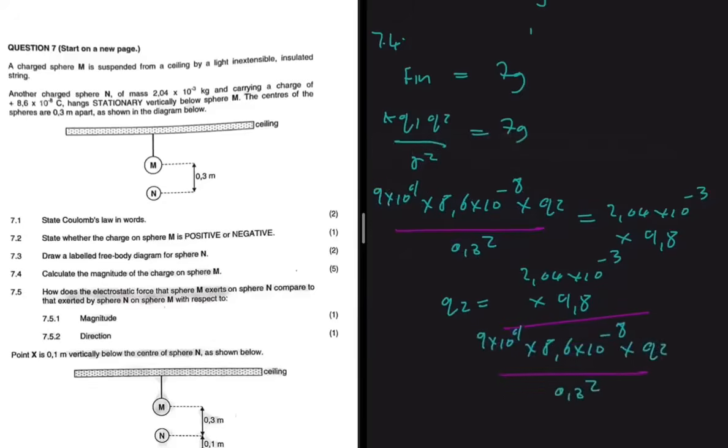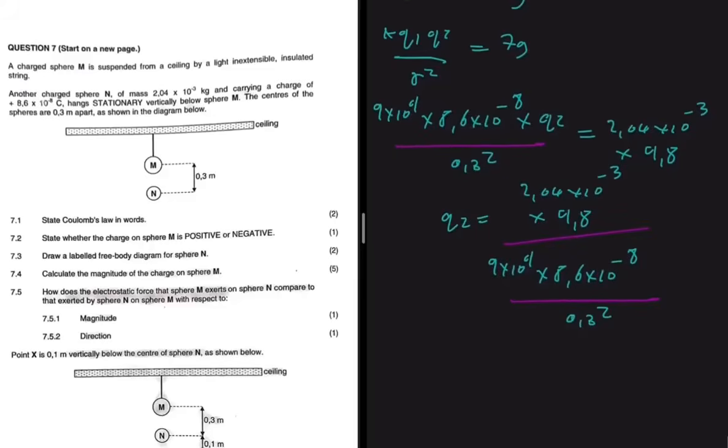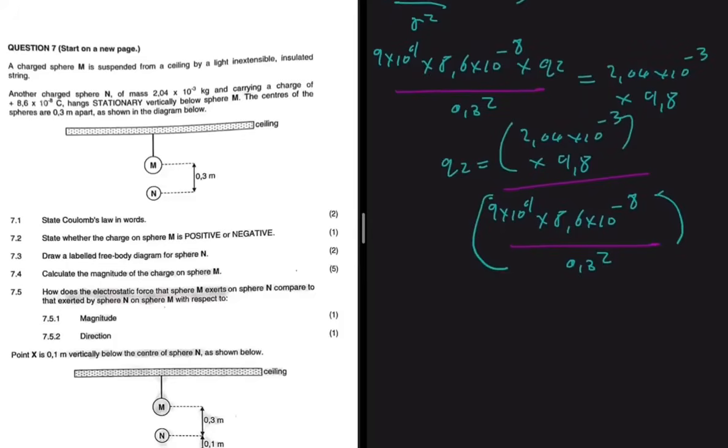This is one term, and the denominator is one term. If you put that in your calculator, you should get Q2 equal to 2.3247 times 10 to the minus 6 coulombs.